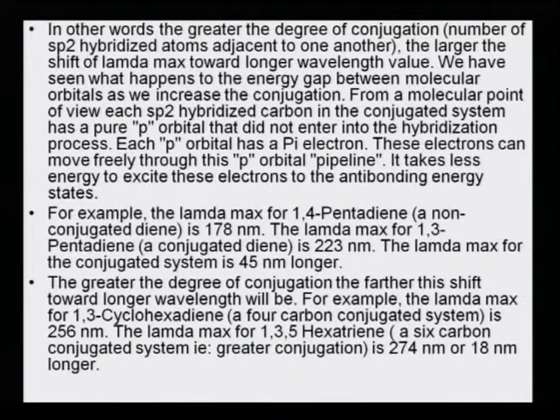The greater the degree of conjugation, the farther the shift towards longer wavelength. For example, the lambda max of 1,3-cyclohexadiene, a 4-carbon conjugated system, is 256 nanometers, whereas the lambda max for 1,3,5-hexatriene, a 6-carbon conjugated system with greater conjugation, is at 274 nanometers, which is about 18 nanometers longer.